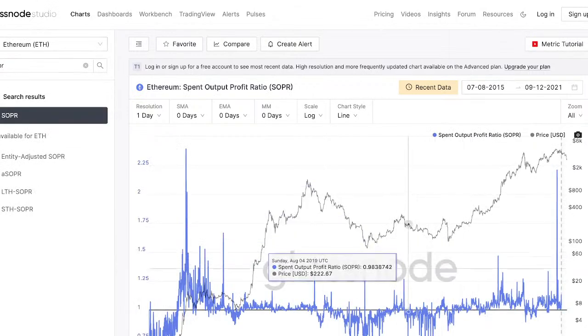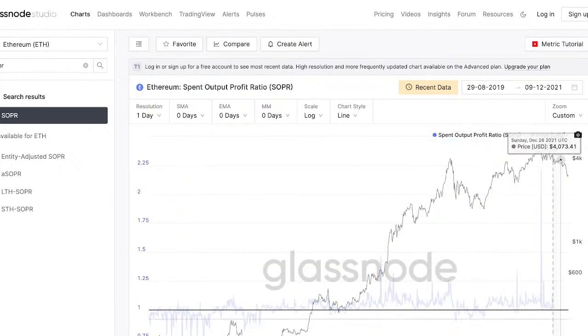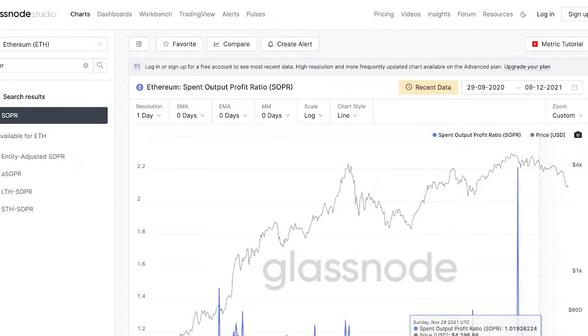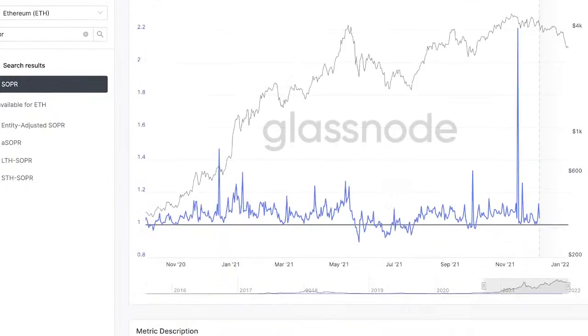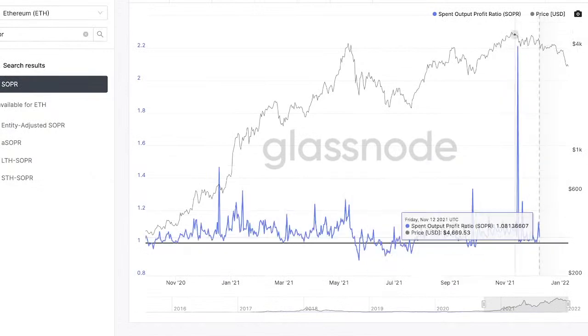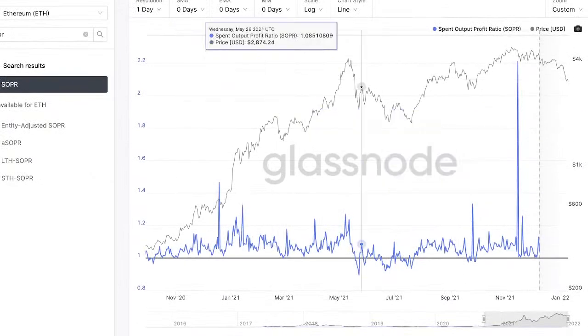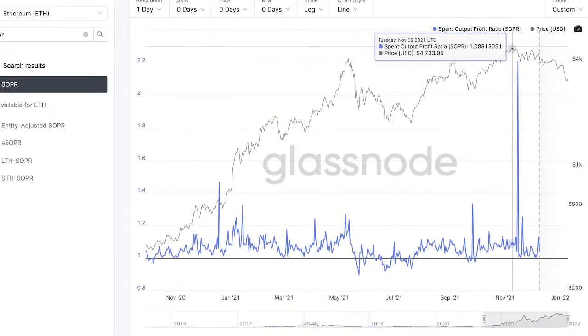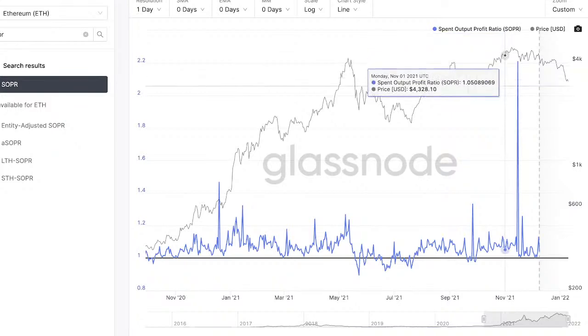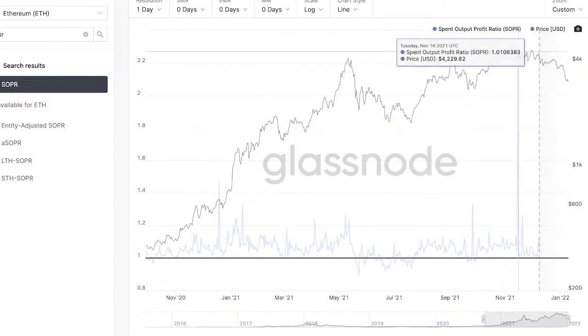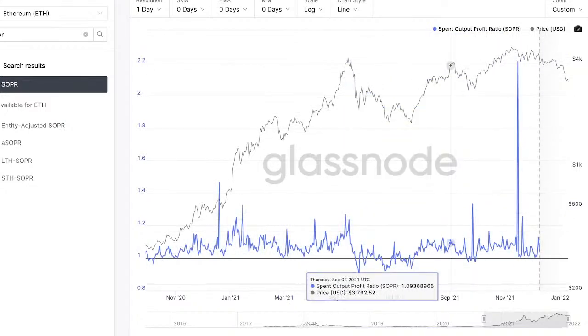So yeah, right here on Glassnode we do have the SOPR for sure, and what you can see here is something I think absolutely interesting. The reason why is because we clearly saw, once we reached the price of approximately $4,733, a major increase in the amount of holders of Ethereum that were in major profits.